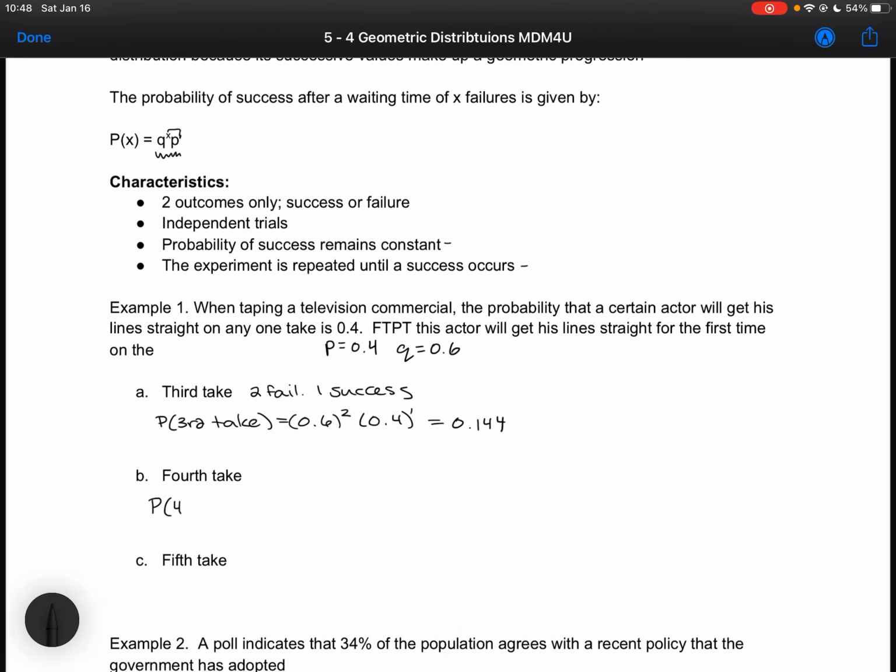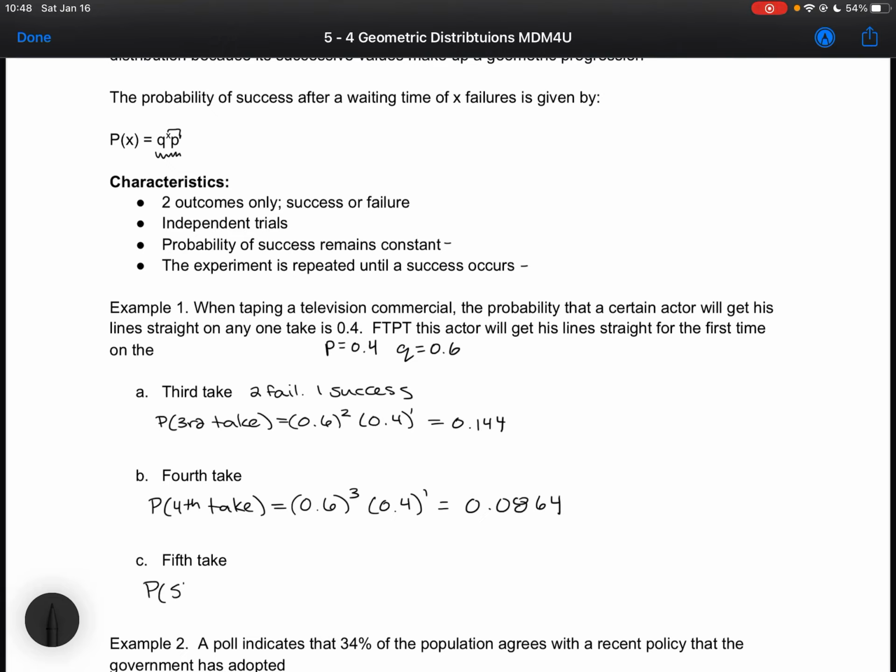The probability that the actor gets it correct on the 4th take is going to be 0.6 cubed, so 3 failures, and then 0.4 to the 1, so 1 success, and this would give me a total probability of 0.0864, or about 8%.